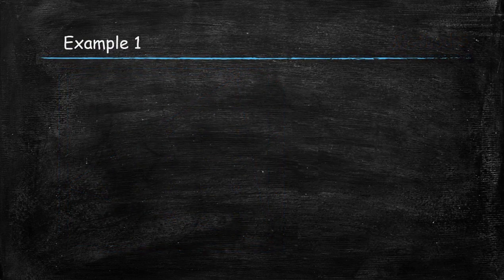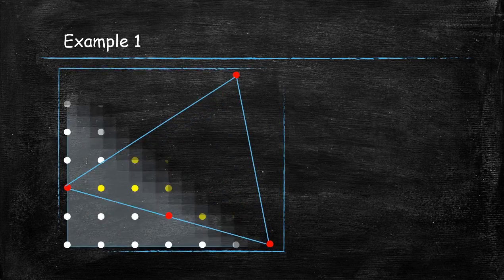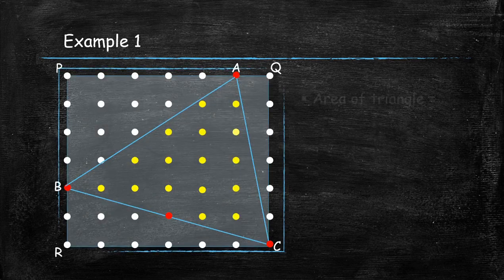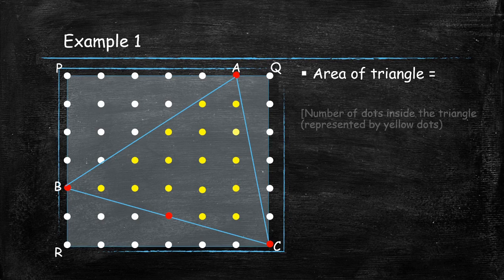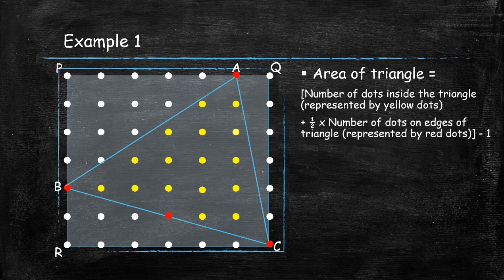Now let's take an example. So again, same triangle. Now, in the last example, we saw that the area of the triangle is 17 square units. So I have written the steps here.